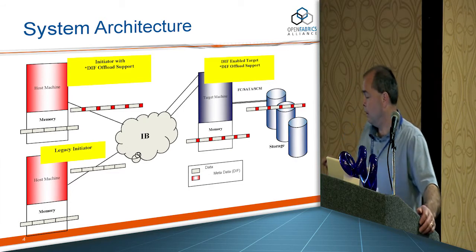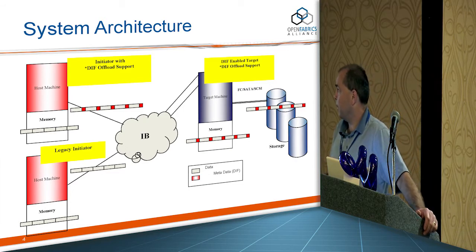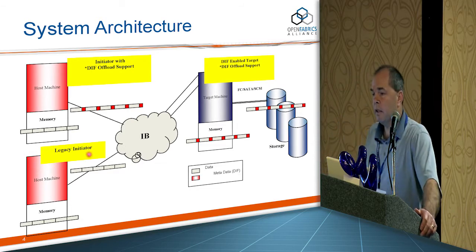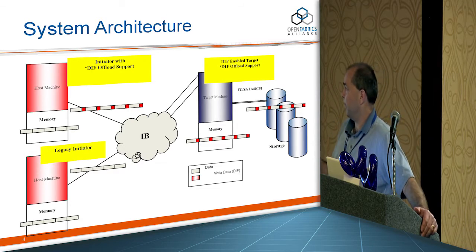So from a system architecture perspective, the setup that's being addressed: this support is intended to provide support for legacy initiators that don't provide T10 DIF. Actually, I should step back, I'm sorry.